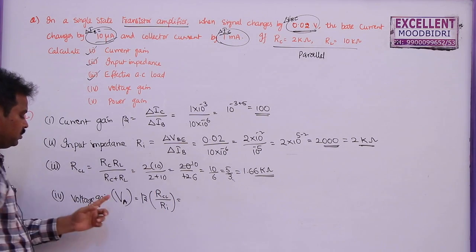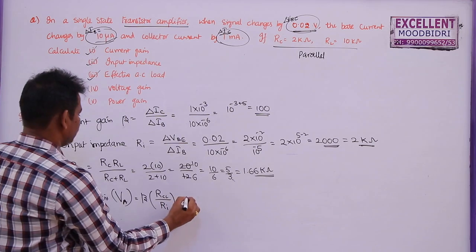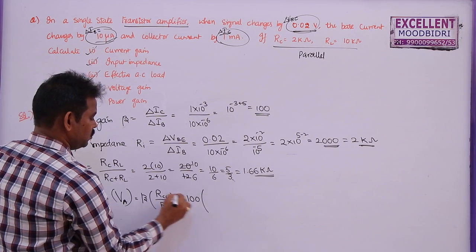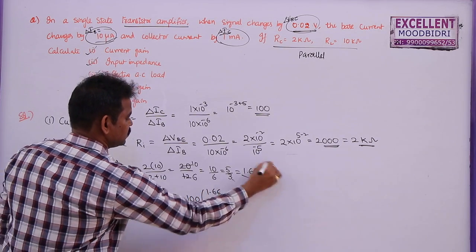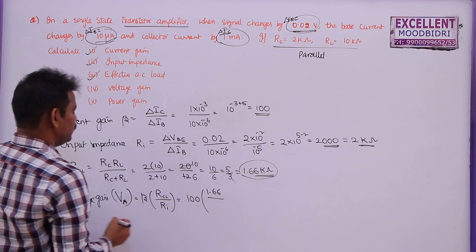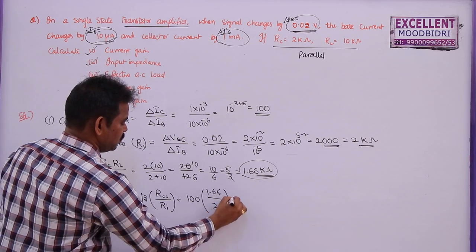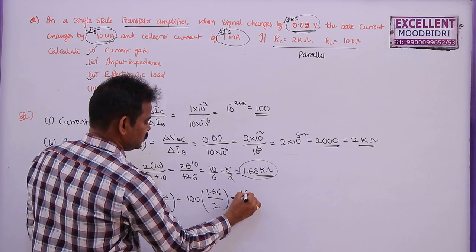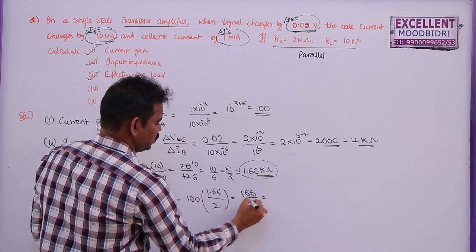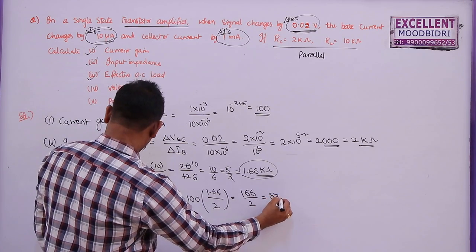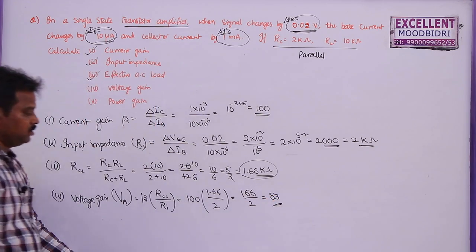So here I already got this beta as 100, the current gain, into 1.66 by the input impedance or input resistance, which is equal to 2 here. So this is 100 into 1.66, which is equal to 166 by 2, which is 83. As it is voltage gain, it has no units.